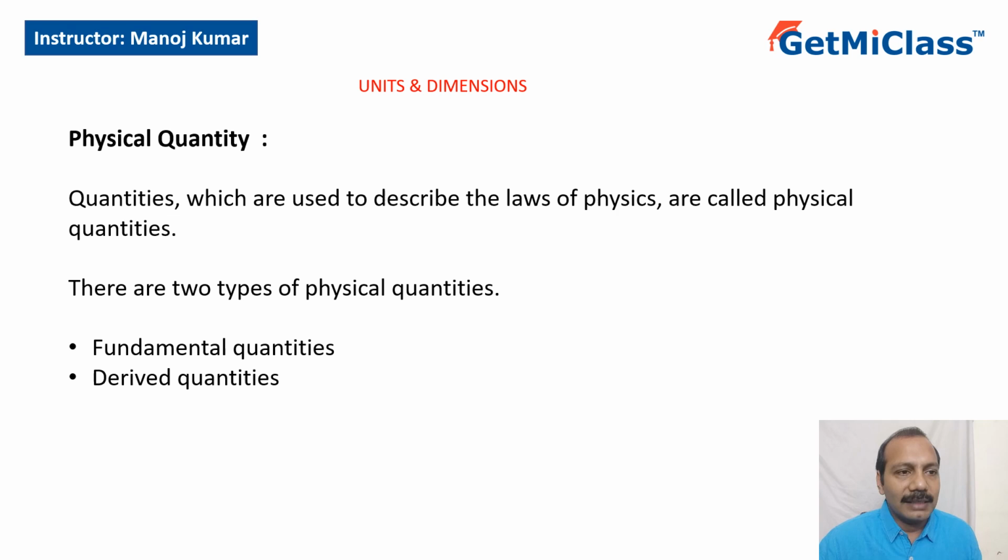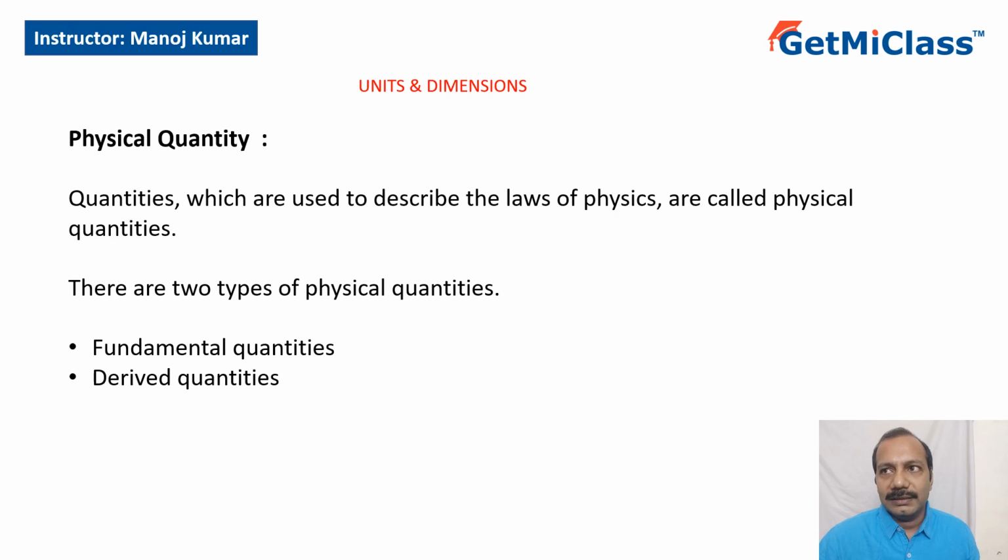So let me take an example of a table. Is table a physical quantity? Many of us would say yes, but table is not a physical quantity. Why? Because in physics, only those quantities which can be measured are taken as physical quantities. So table is not a physical quantity. Mass of table is measurable, so that is a physical quantity.